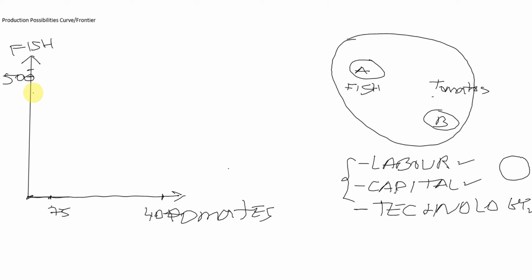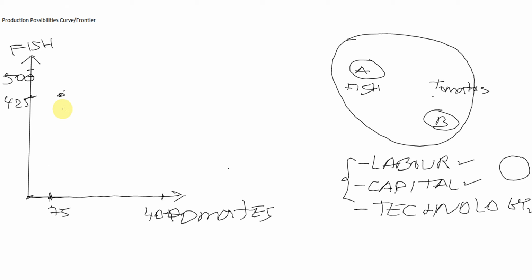Assuming that we can be producing 75 tons of tomatoes, then obviously we're deploying some of the resources from fish to tomatoes. So we are now reducing the production of our fish. Then it's 425. So this will be a dot somewhere here.